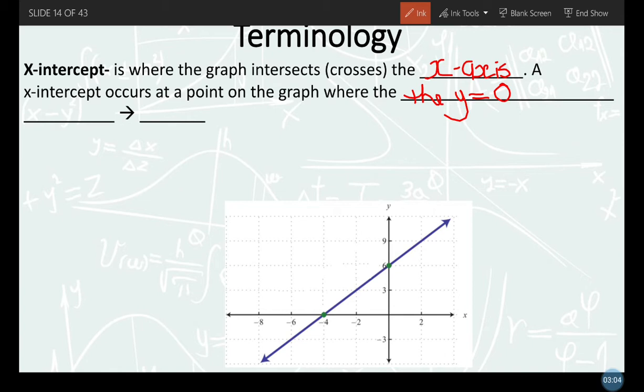Which means I'll always have a point for an x-intercept that is some number, 0, because my y value has to be 0. I could have an x-intercept here, here, here, here. Doesn't really matter.